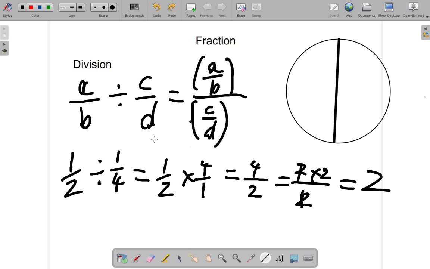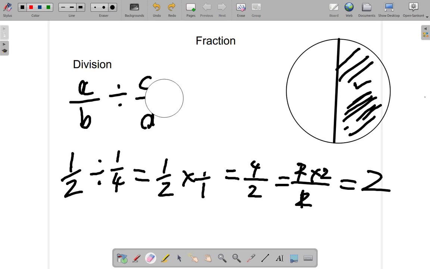You're going to divide it by quarters. In other words, you're looking at one of these and saying it is a quarter of something. A quarter of what?